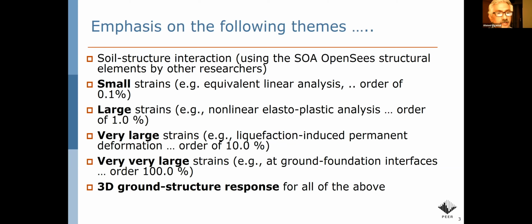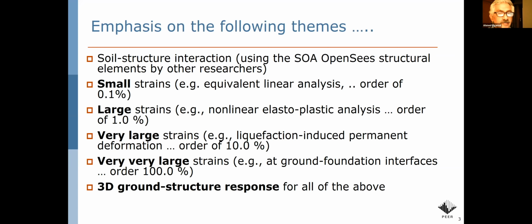And again, some people get reasonable results from equivalent linear analysis up to this range of shear strain. And then let's say that there are very large strains, as those strains that occurred during liquefaction in slopes and such. Let's say that is of the order of 10%.